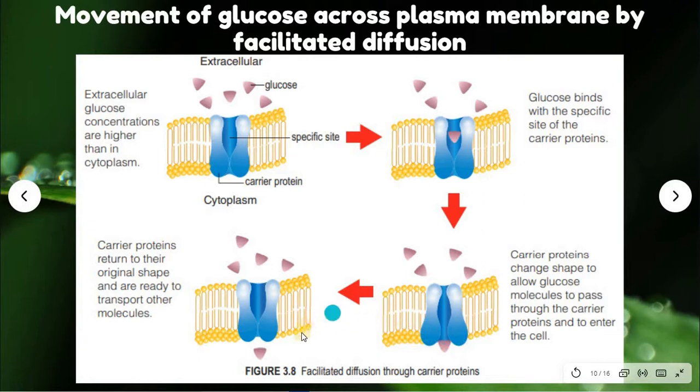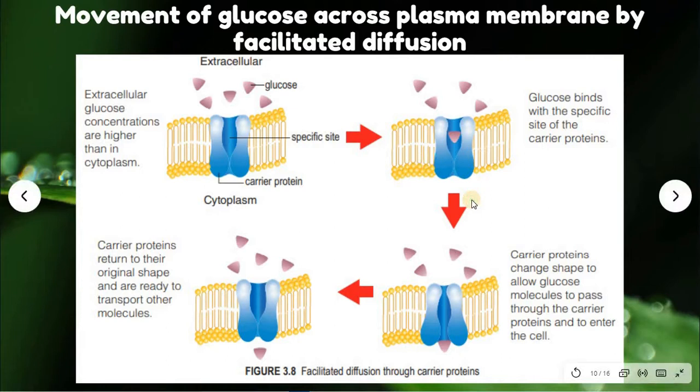Then number 4, the carrier protein returns to its original shape and is ready to transport another molecule. As we can see here, it returns to the original shape, ready to receive another glucose. That is the movement of glucose across a plasma membrane by facilitated diffusion. Make sure you can understand that.